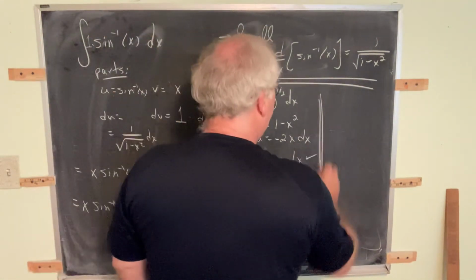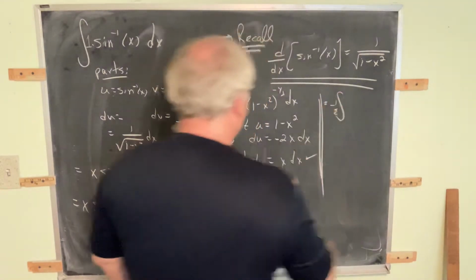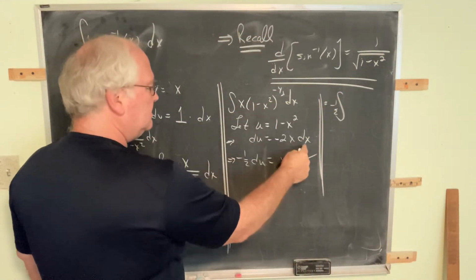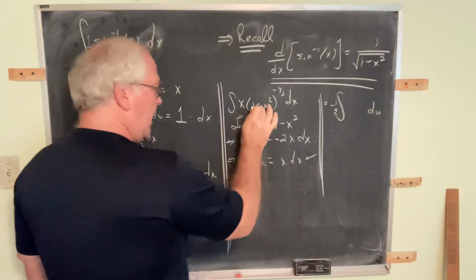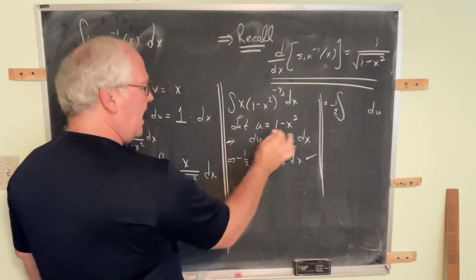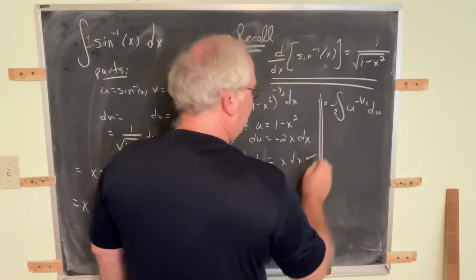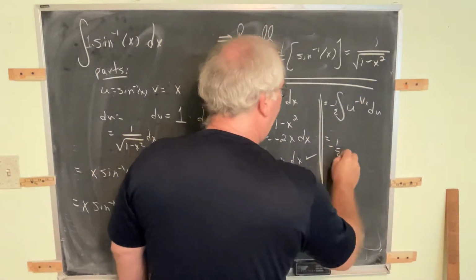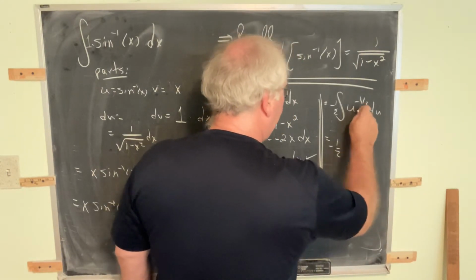And so what we generate from that is negative 1/2. x dx is negative 1/2 du. And the quantity to the negative 1/2 is u to the negative 1/2. And that's the ordinary power rule. This is negative 1/2 times u, add 1 to the exponent.